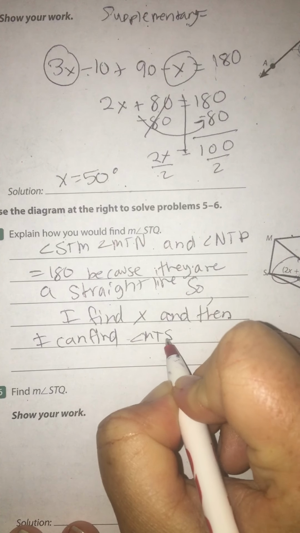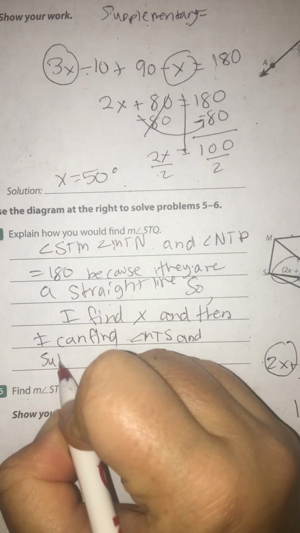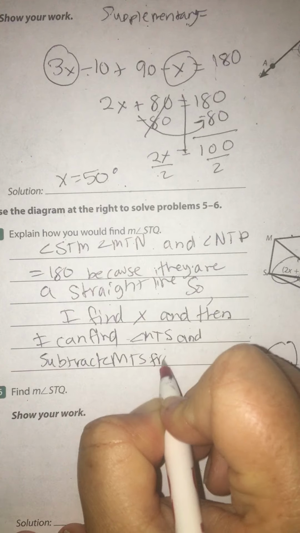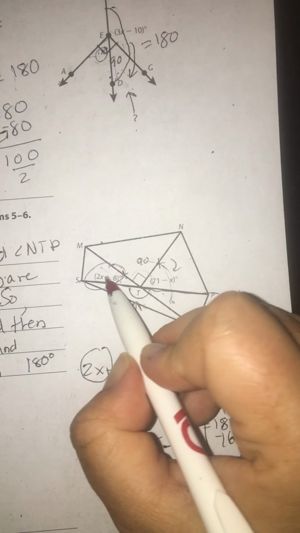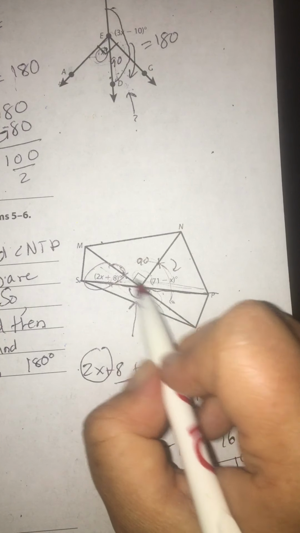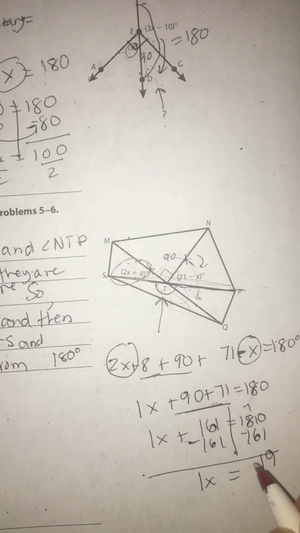Once I find angle MTS, I subtract it from 180 again, because if I just take that away from the 180, I can get this information right here.